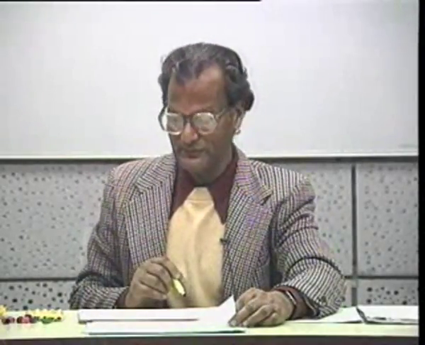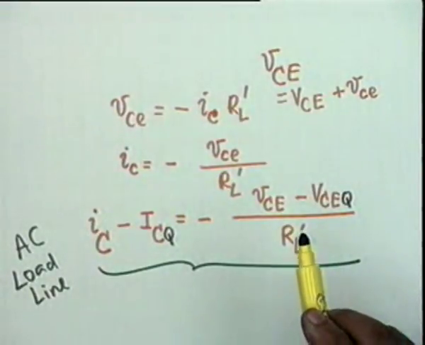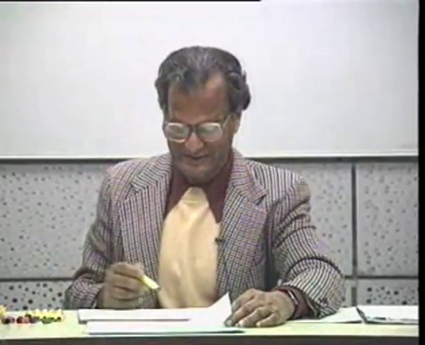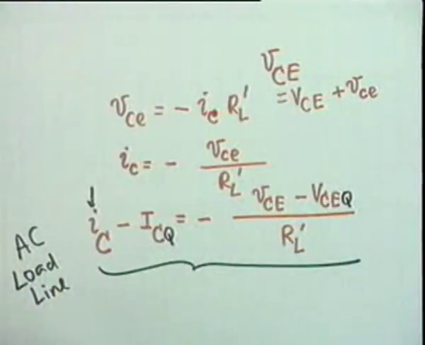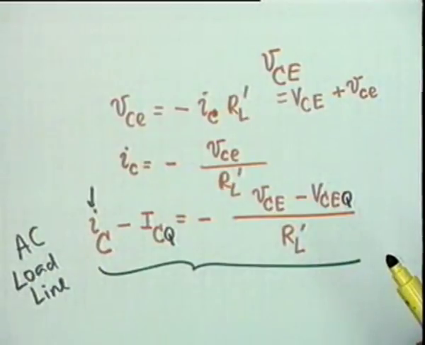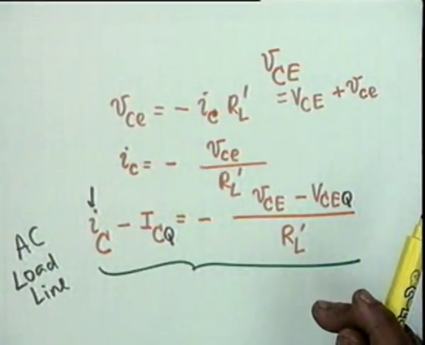This is the equation of the AC load line, and one of the things that is obvious is that it is a straight line, isn't it? Y equal to mx plus c. Y is your total collector current and the slope is minus 1 by RL prime. This slope obviously is greater than the slope of the DC load line. What is the slope of the DC load line?